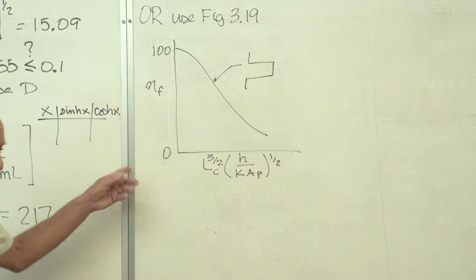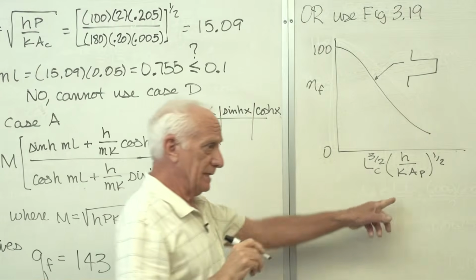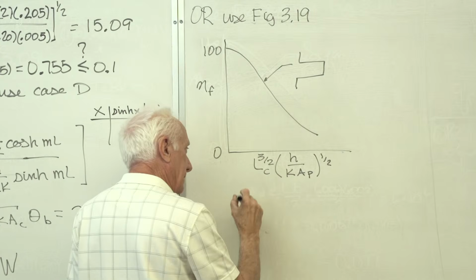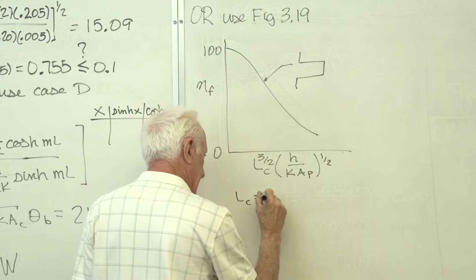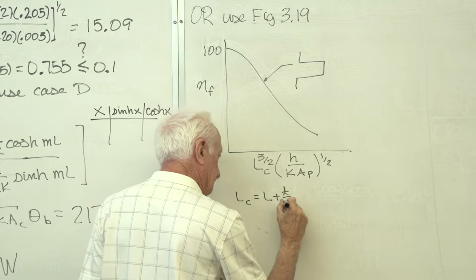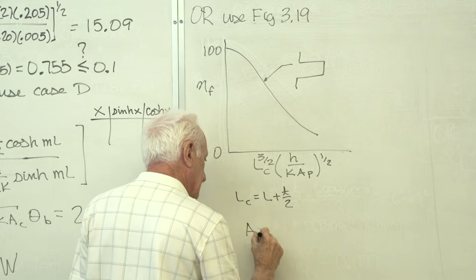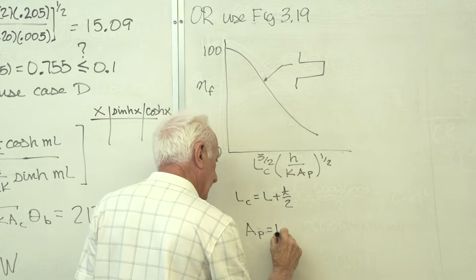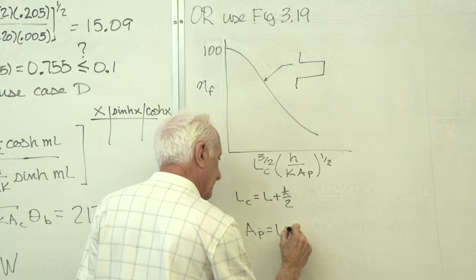To use that graph, I need L sub C and A sub P. In the figure, it tells me L sub C equals L plus T over 2, and A sub P equals L sub C times T.